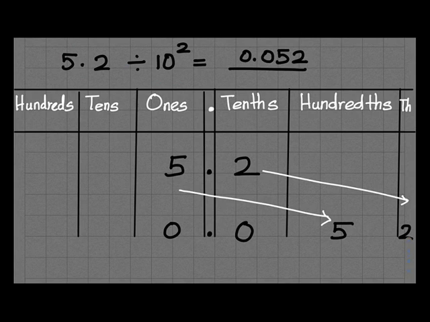First let us write the number 5.2 in the place value chart. So 5 is in the ones place and 2 is in the tenths place.